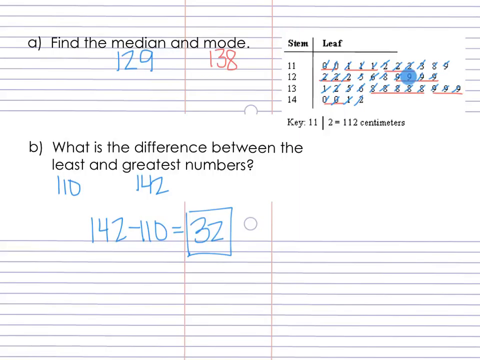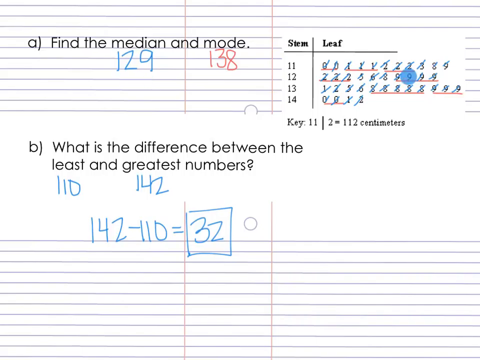So here's what you should end up for answers. Your median, hopefully you ended up with 129. You'll notice that I did all the crossing off of the numbers, ended up with this 9 in the middle. Again, here's my biggest numbers that I crossed off. And again, putting that stem back on, so the 12 and the 9 to give me 129.